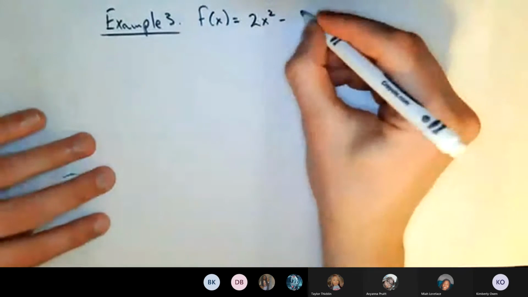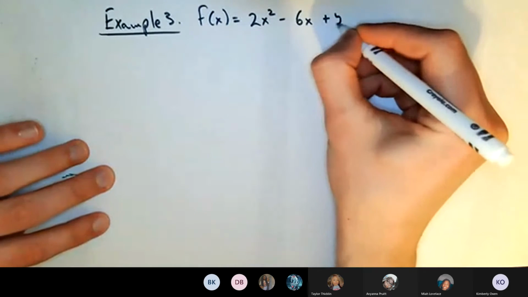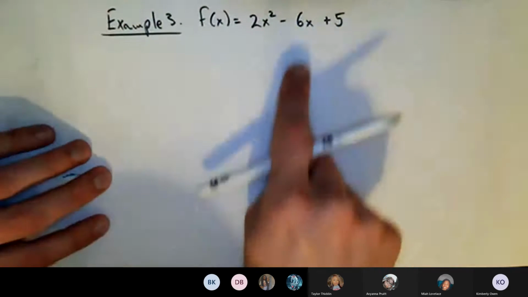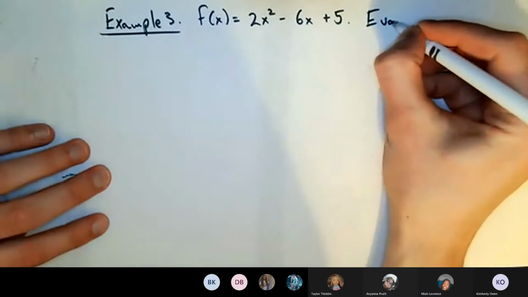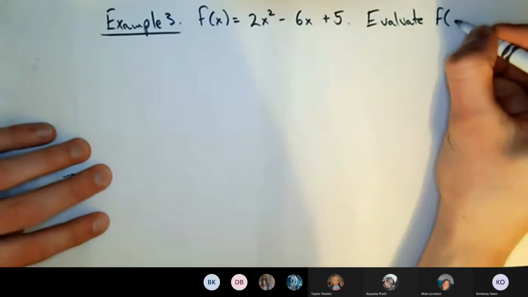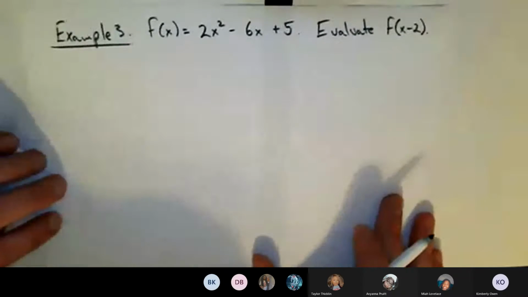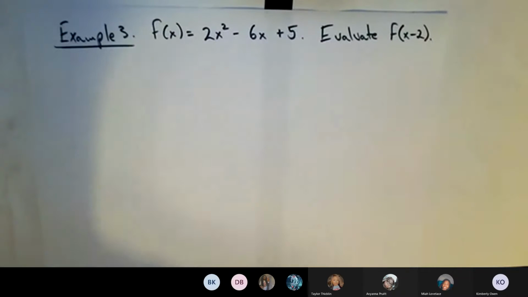In fact, let's make it a little bit more involved. There we go. Put another term in there with an x in it. And I'll just make this one part. Let's evaluate f of x minus 2. So this one's going to be a bit more involved.